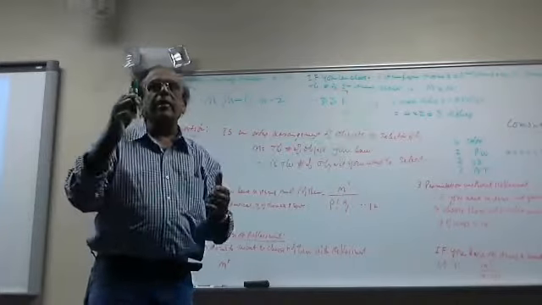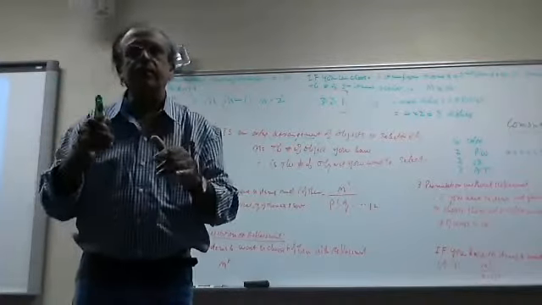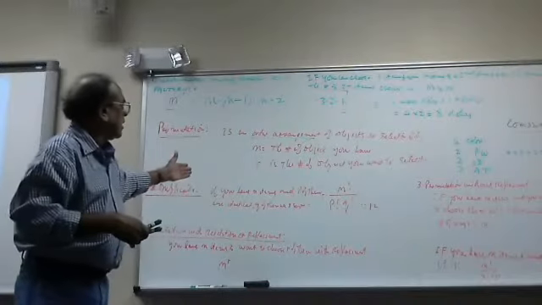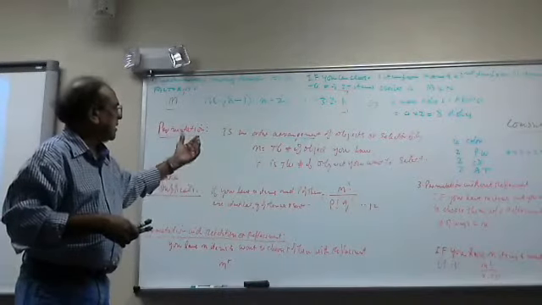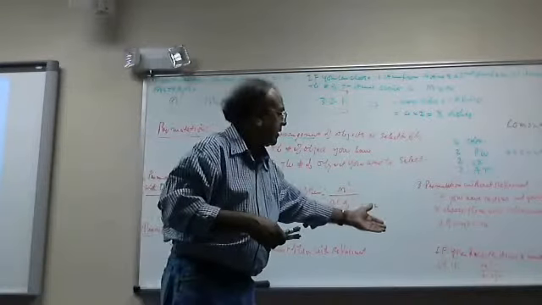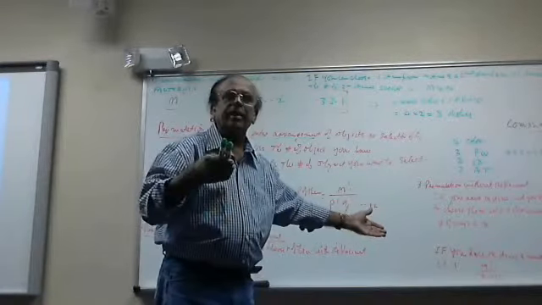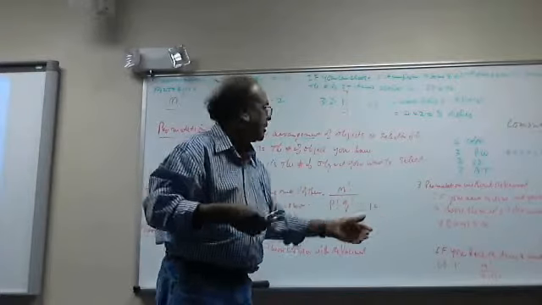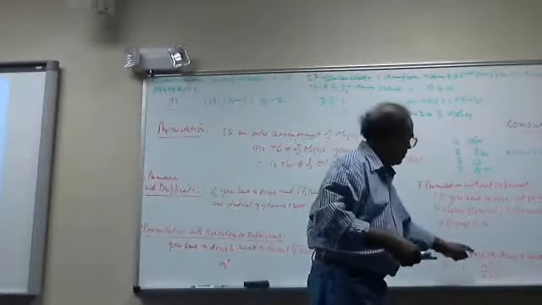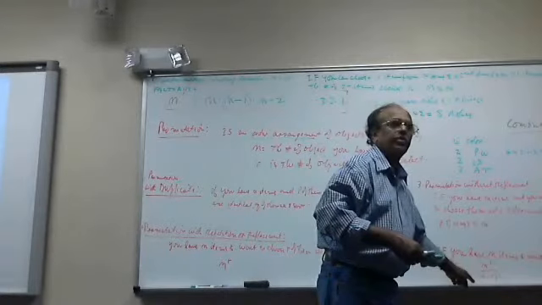All right? And there are two formulas for them. So let's say you have n items and you want to select r of them. And let's say you do not want to replace, or you cannot replace the item. Then the formula for that is going to be n factorial over n minus r factorial.